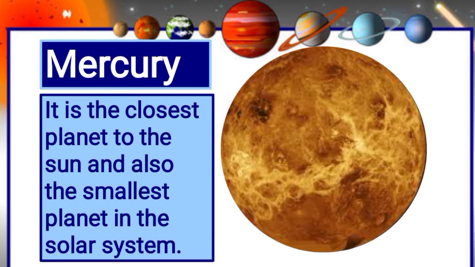And it has a large variation in its temperature during day and night, and it does not have any satellite of its own like Earth has the moon, and there is no water or atmosphere on Mercury.